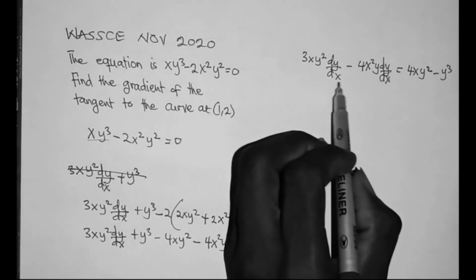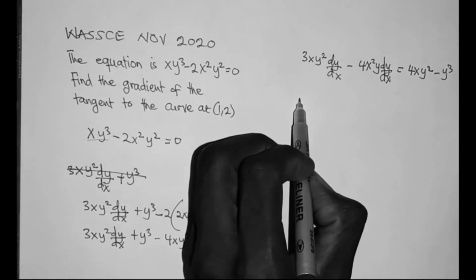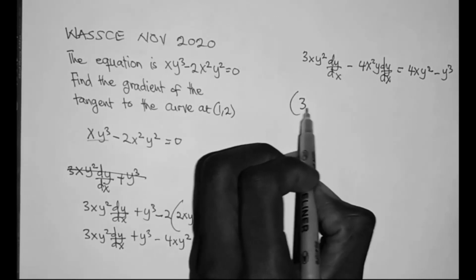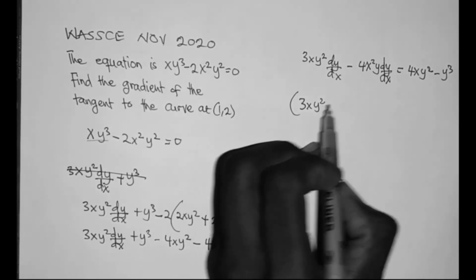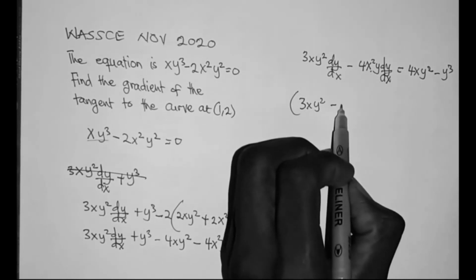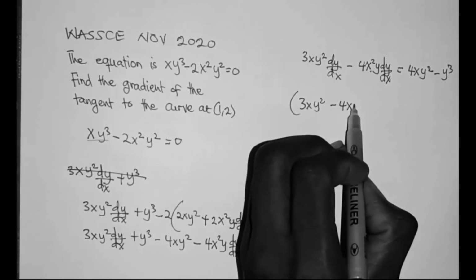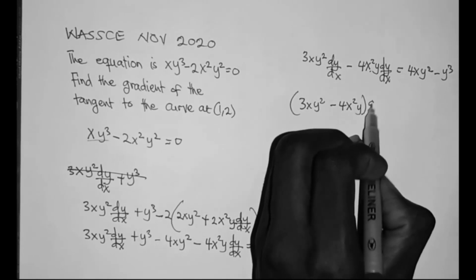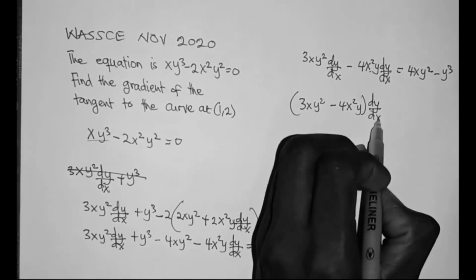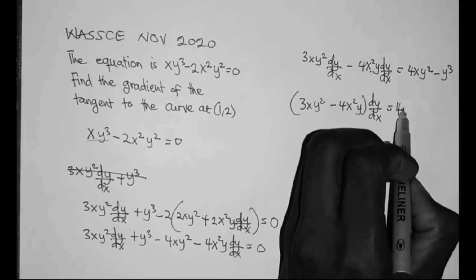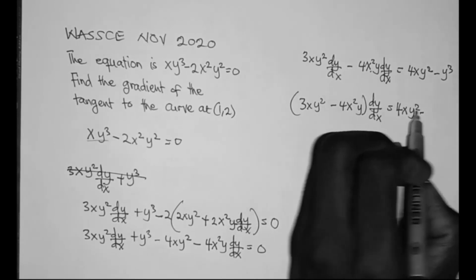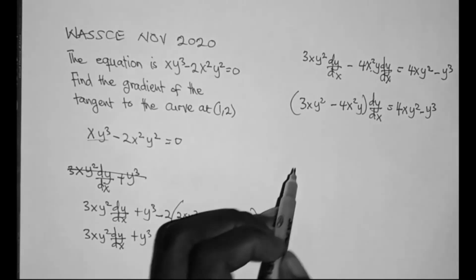So let's factorize the dy/dx. This will give us (3xy^2 minus this term, which is 4x^2y) dy/dx is equal to 4xy^2 minus y^3.